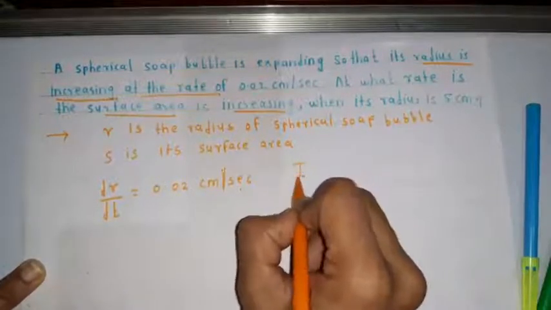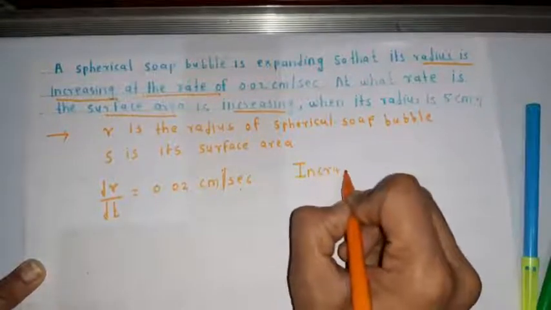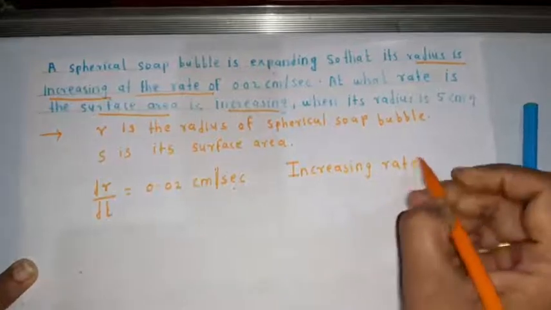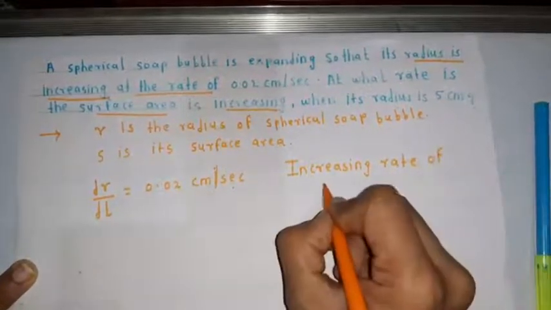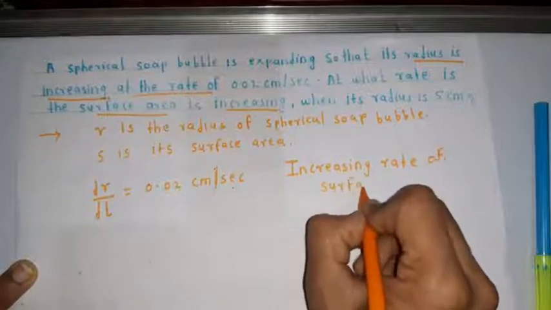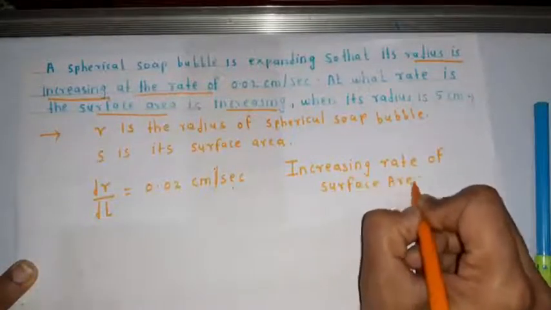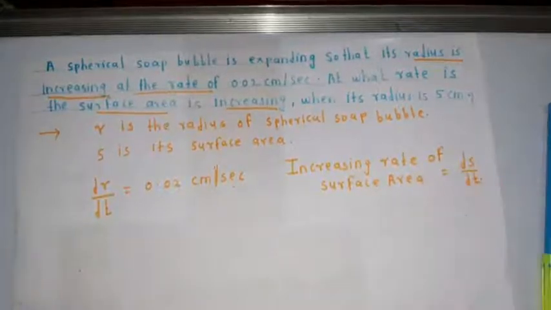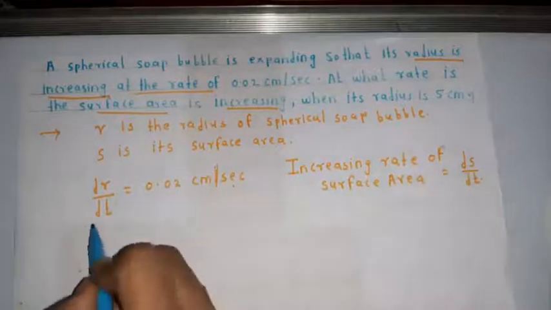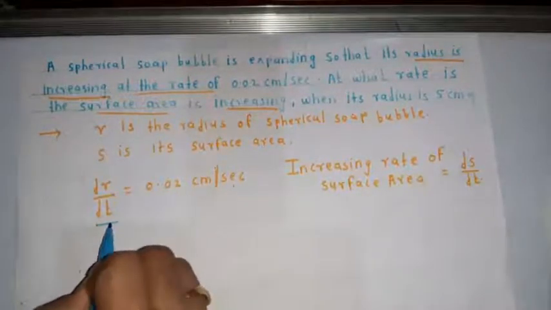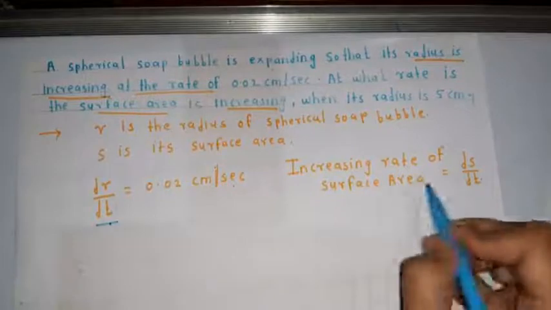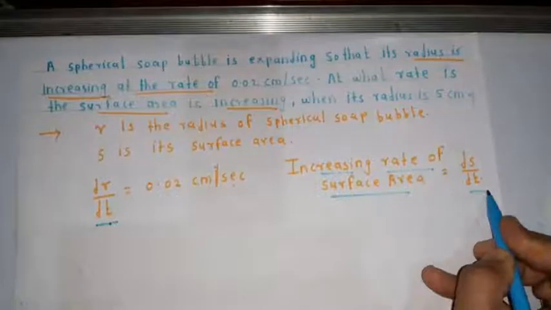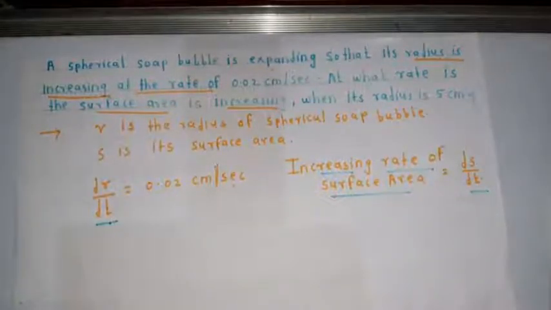To find out increasing rate of surface area, that is equal to ds by dt. Please note these things students. Okay, so dr by dt is the increasing rate of radius, ds by dt is the rate of surface area. And that is ds by dt that we have to find out.